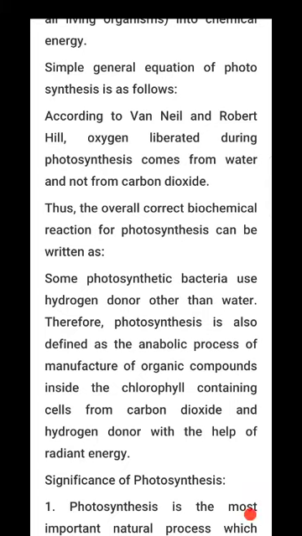Some photosynthetic bacteria use a hydrogen donor other than water. Generally the green plants use water for that oxygen, but in some photosynthetic bacteria, another hydrogen donor is used.